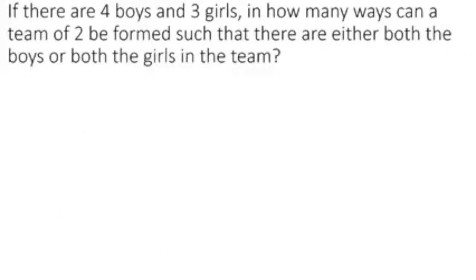If there are 4 boys and 3 girls, in how many ways can a team of 2 be formed such that either both are boys or both are girls in the team? Remember, we need either 2 boys or 2 girls.